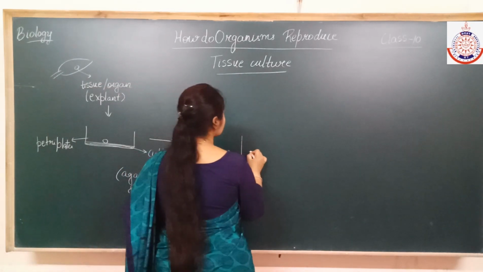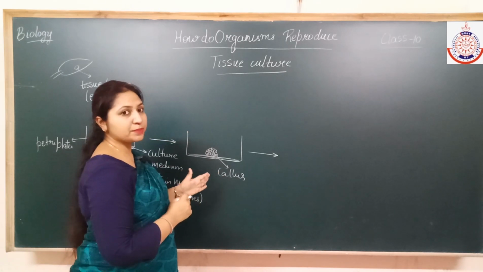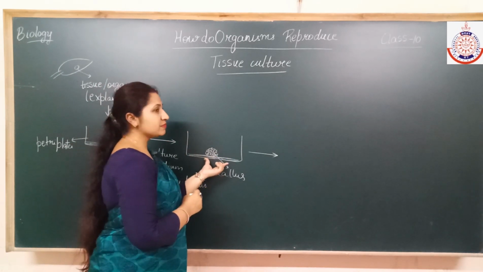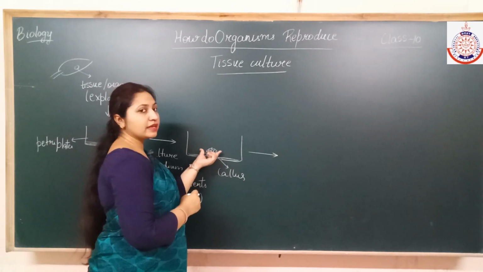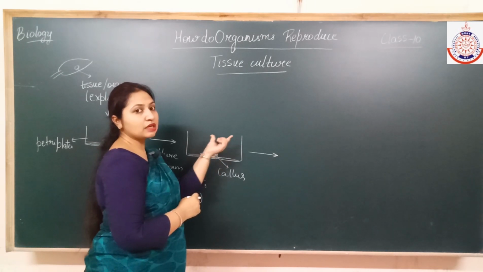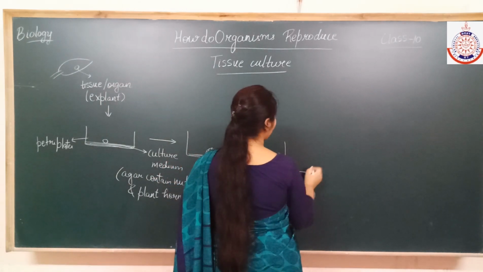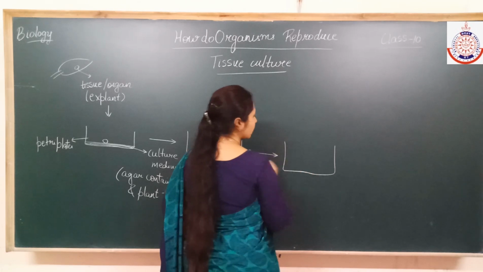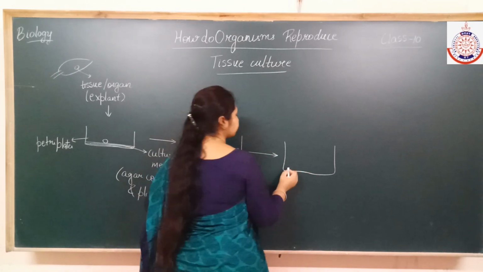Then after that, what happens? When the callus formation is there, then the medium is changed. This callus will be shifted to another culture medium containing the plant hormones which are responsible for root formation. Okay.